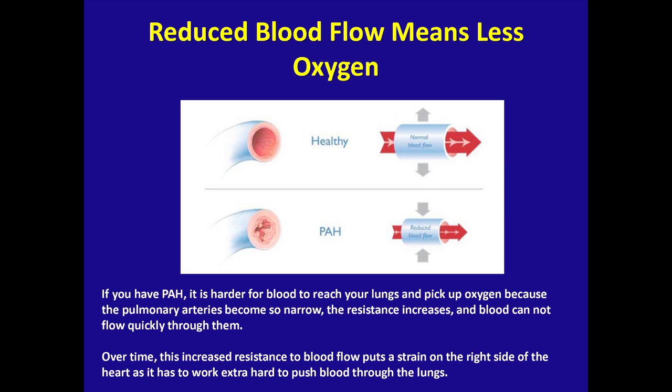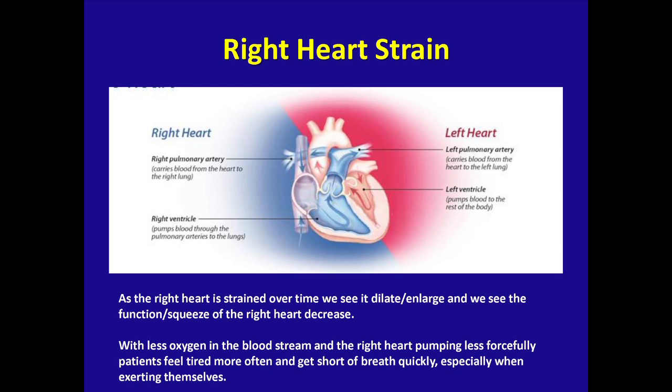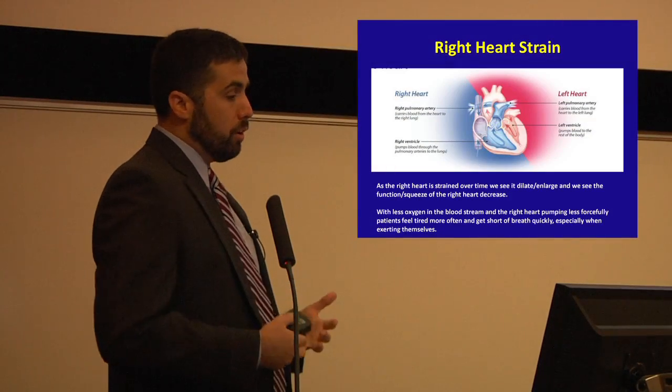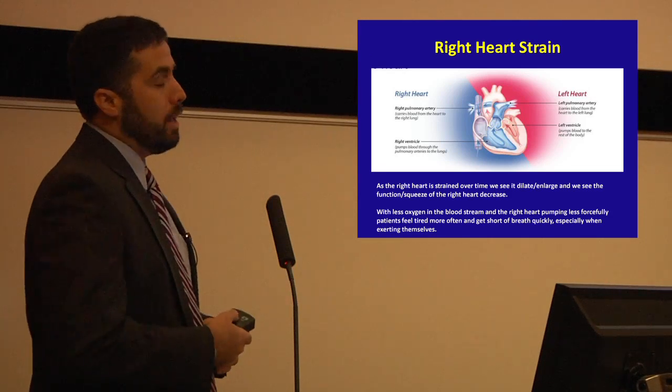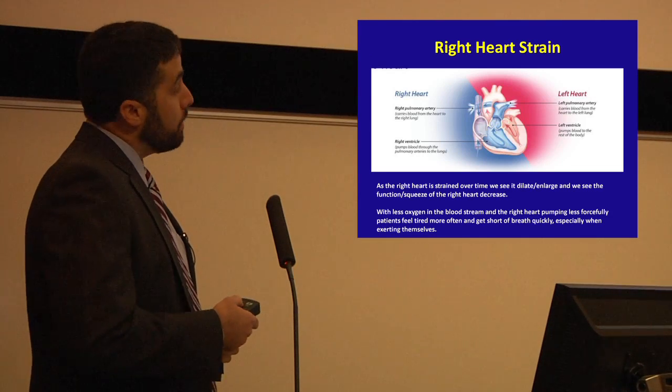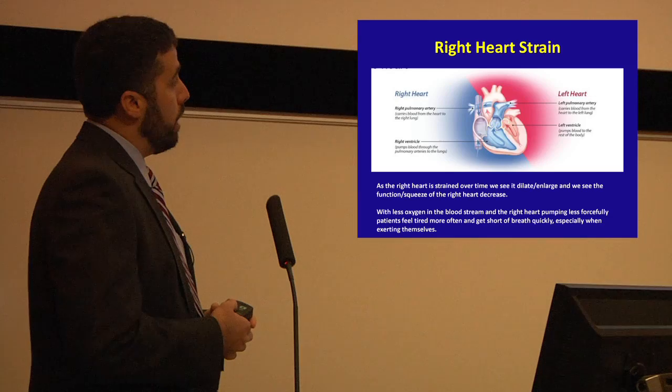And over time, this increased resistance puts a strain on the right side of the heart, as it's having to work harder and harder, and we'll see changes to the right side of the heart related to this. And as it gets harder for the heart to deliver blood to the lungs and harder for blood to pick up oxygen, it gets harder for you to deliver oxygen to your body. So when you go up a flight of steps or walk down the street and you get short of breath, it's because you're not able to meet the demands that your body needs in order to do that physical activity.